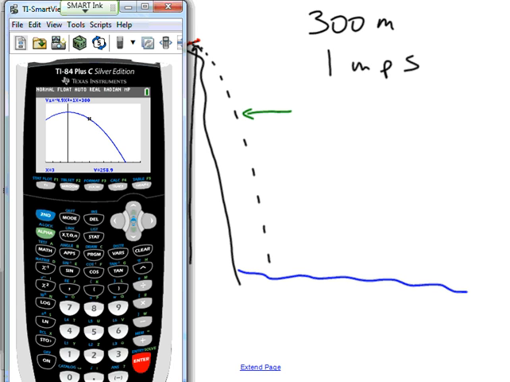As soon as I say time is 100, I've got to go to y, because x of 100 would be 100 seconds, which isn't going to make any sense in the context of the question. So I've got to go to y is, and I put in an equation for that. Y is 100. And then I take a look at where the graph is, and I see, oh, I wish I knew where those 2 lines intersected, because that's when it's at 100 meters.